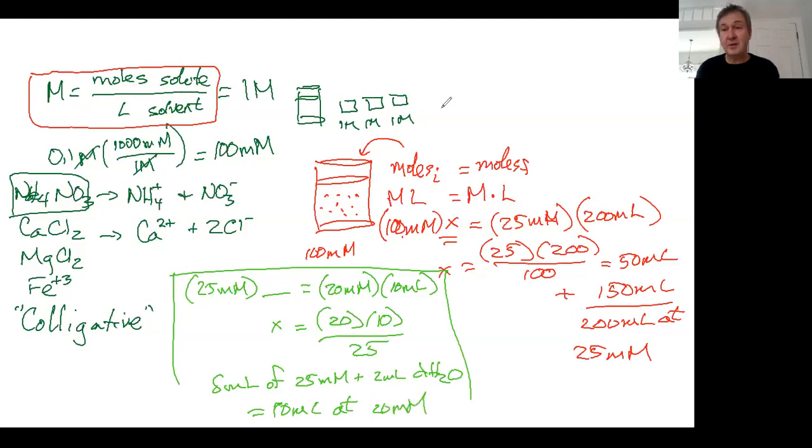So that's how you do dilutions. And you'll do a series of those. And then you'll have this graph where you'll have 0, 5, 10, 15, 20, 25 millimolar. And don't forget units, right? Concentration in units of millimolar. And you'll have absorbance.